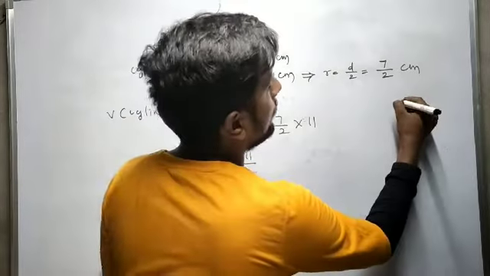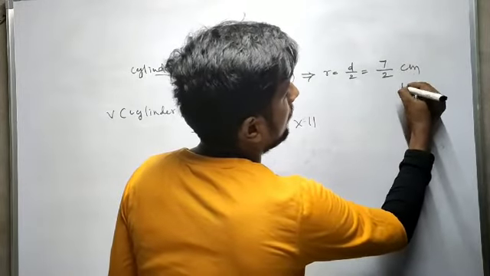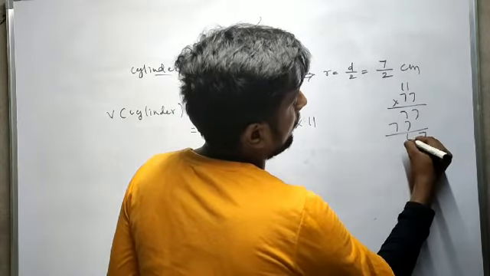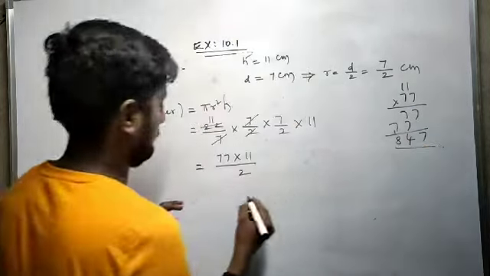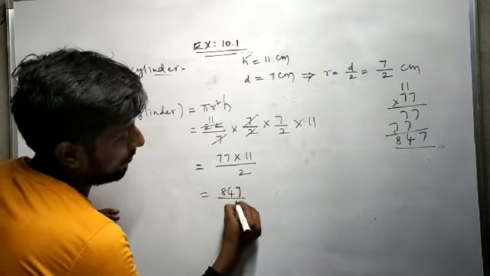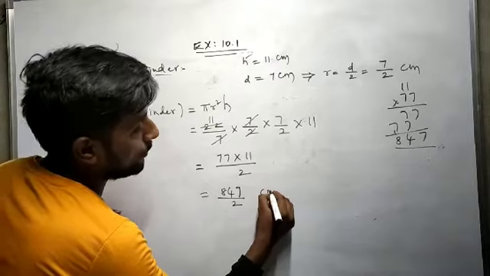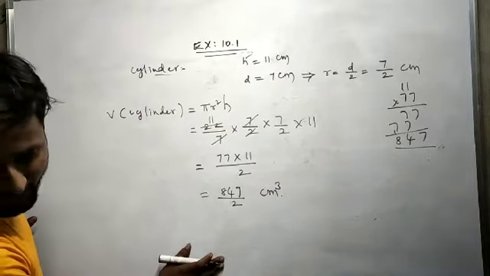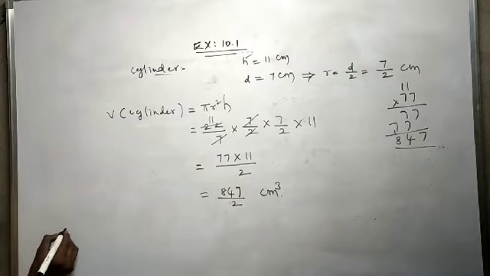If you multiply both, 77 times 11 is 847. So 847 by 2 centimeter cube. It is a volume. Okay, don't simplify again. We'll see why.